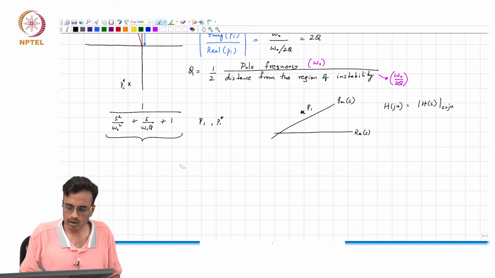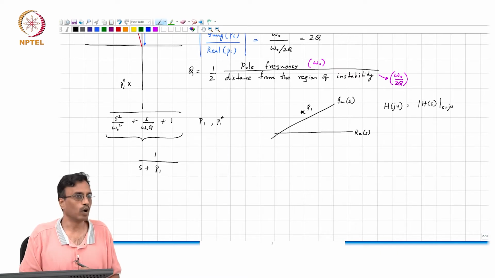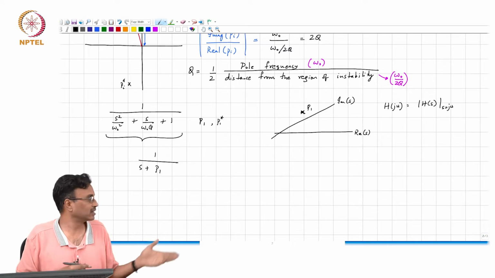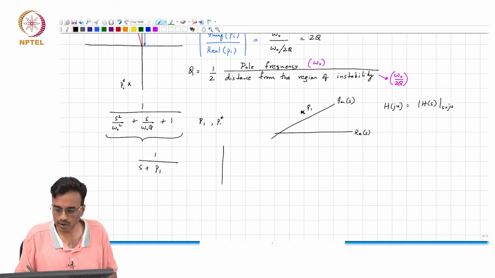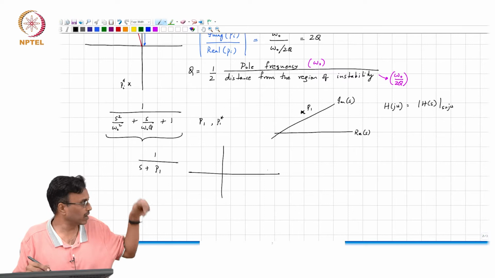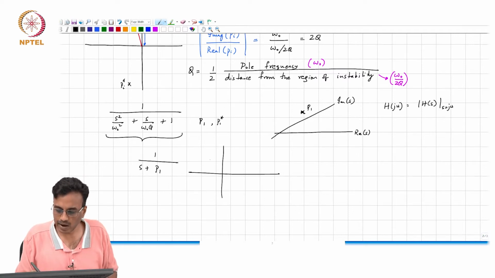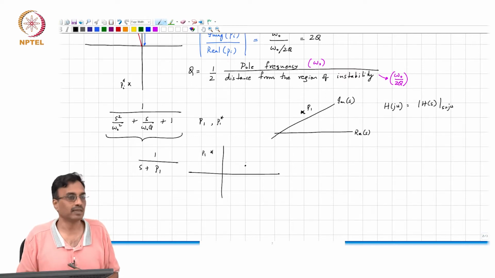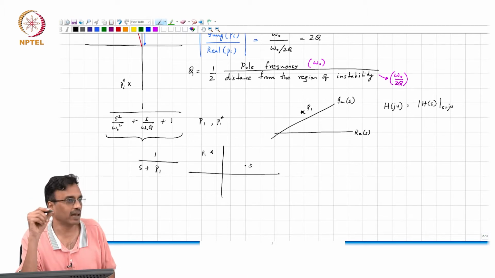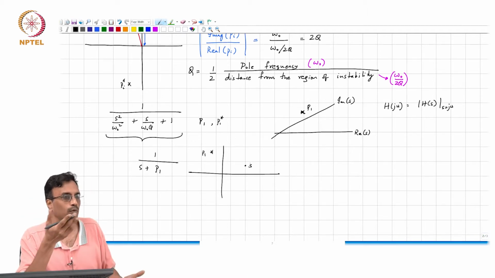Let us say you have a transfer function 1 over s plus P1 and you want to find H of s at some frequency s in the complex plane. What do you do? This is the complex plane looking from the top. Let us say this is some P1. If you want to find H of s, where s is that point marked there, what would you do?